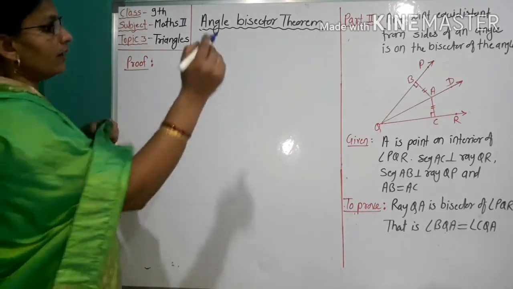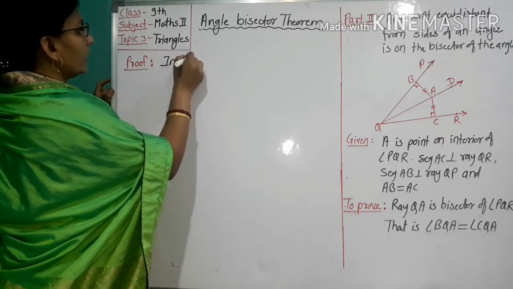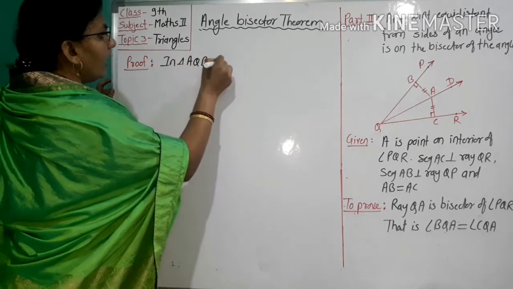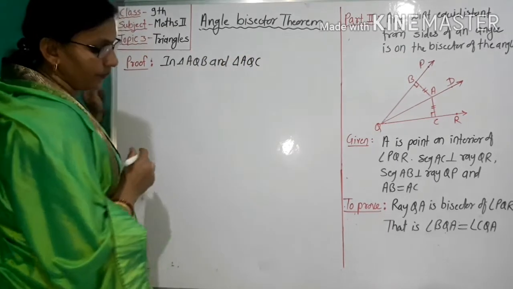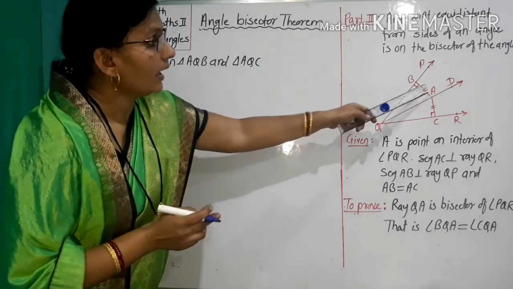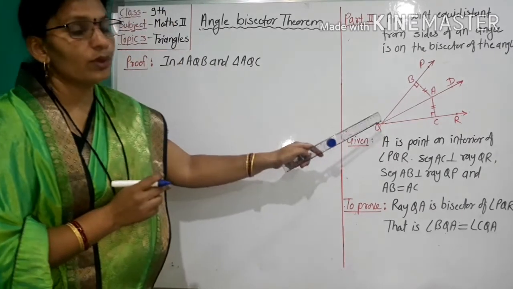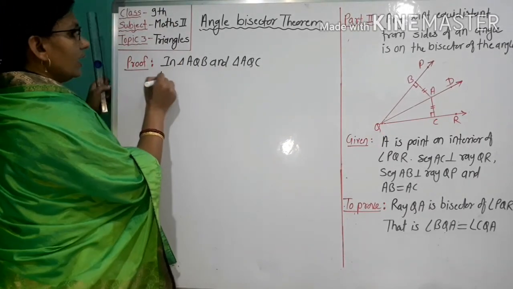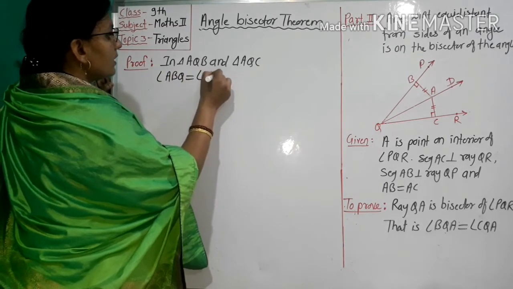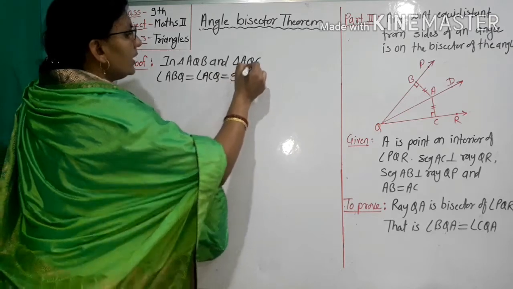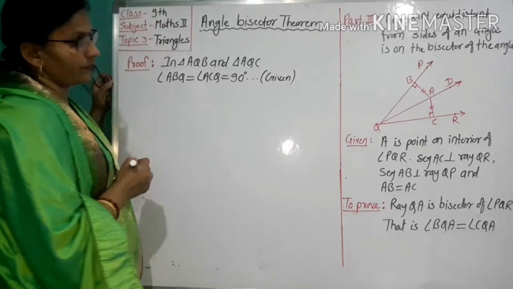So, in triangle AQB and triangle AQC, angle ABQ and angle ACQ both are 90 degrees. Angle ABQ equals angle ACQ equals 90 degrees. This is given.